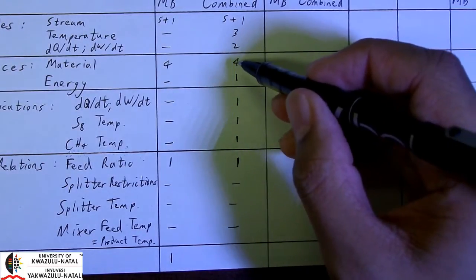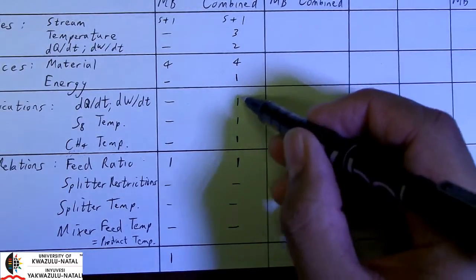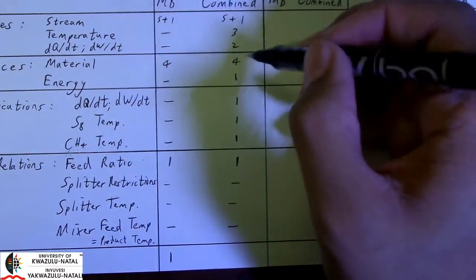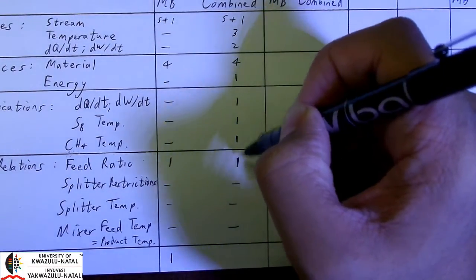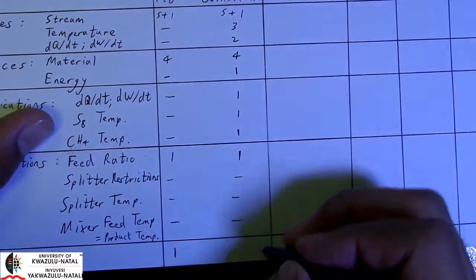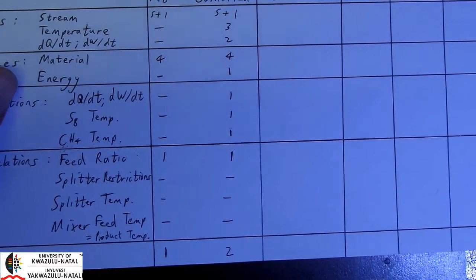We have 4 plus 1, 5 balances, 3 specifications and a subsidiary relation. Okay, so let's count it. We have 4, 5, 6, 7, 8, 9 and 11 variables, so that will give us a degree of freedom of 11 minus 9, which is 2.